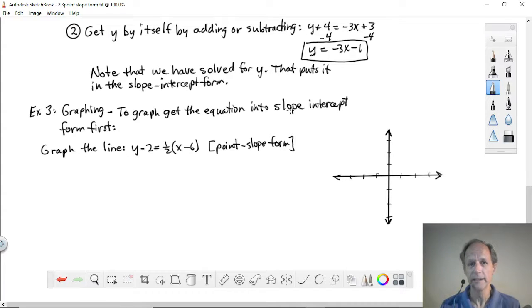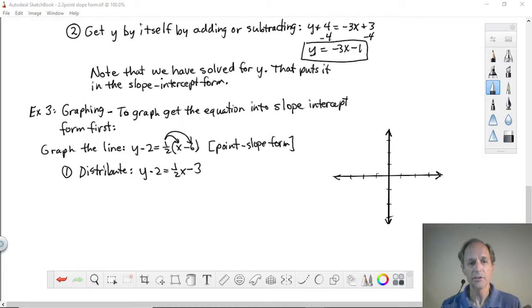That's what we did yesterday. So we'll first get it into slope-intercept form, just like we did this one above. So here's our example. Graph this line. Notice this is in point-slope form because it's y minus something, that's the y sub 1, equals the slope, a number, times x minus something, that's the x sub 1. That's point-slope form.